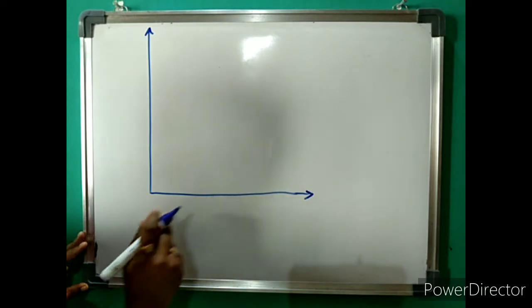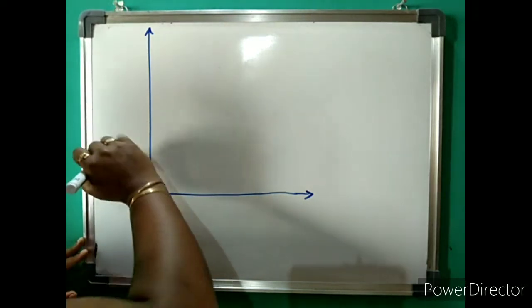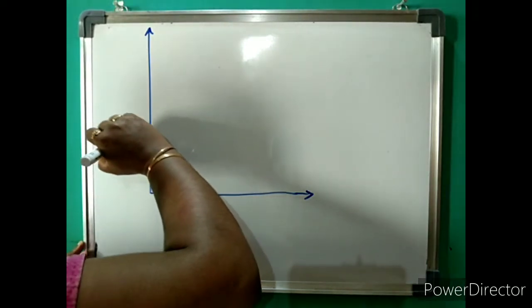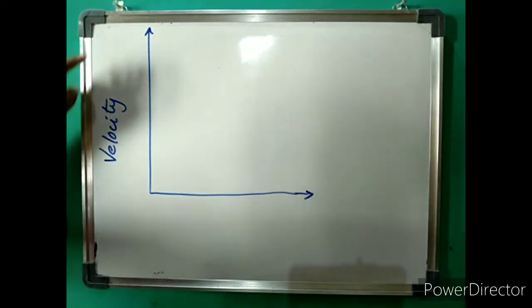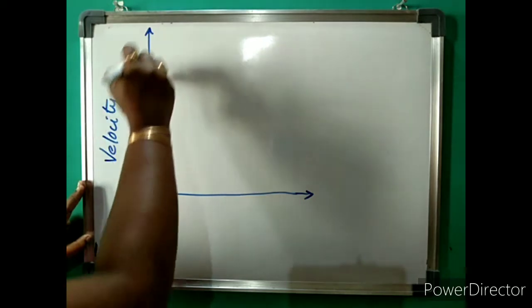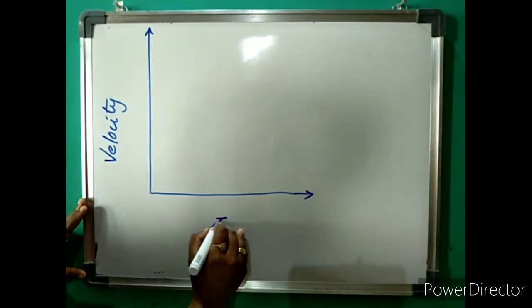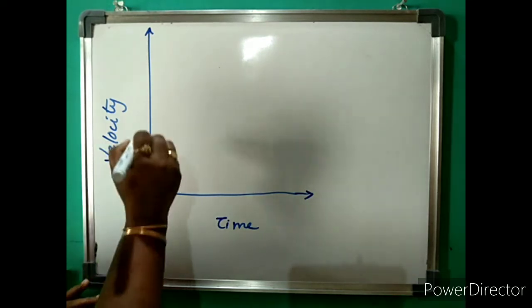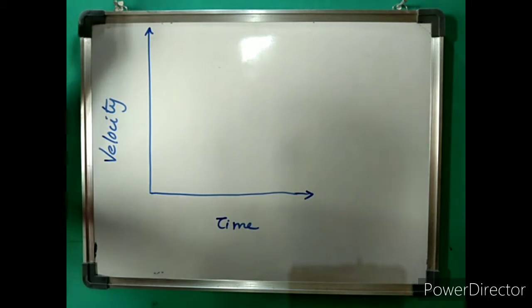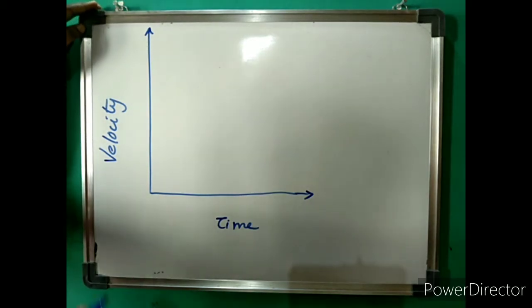Now we draw the velocity time graph of this motion. In the velocity time graph, velocity is taken along the y-axis and time along the x-axis. This is uniformly accelerated motion, so the shape of the graph is a straight line inclined to the time axis.